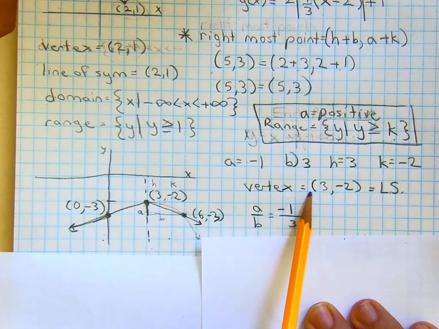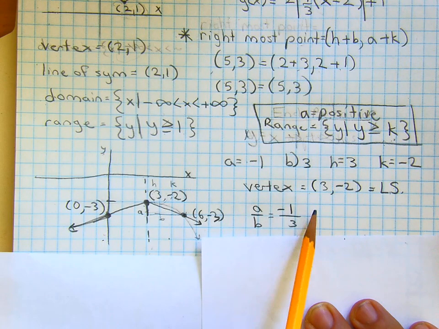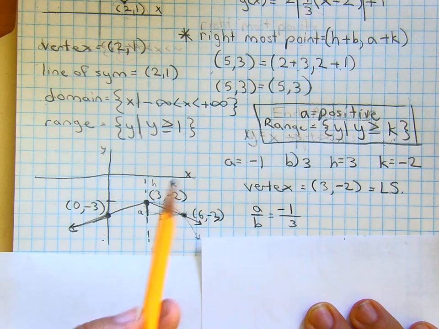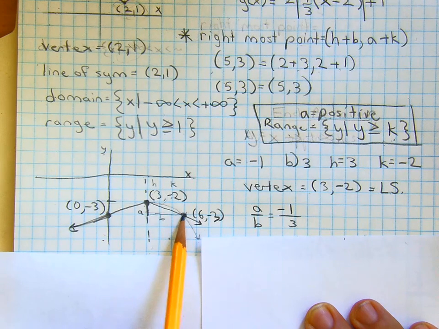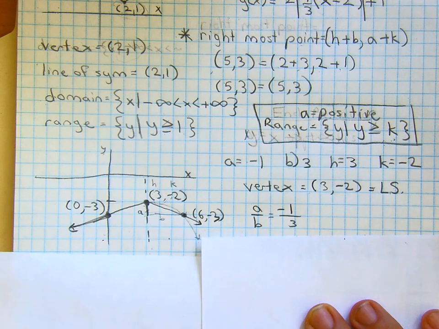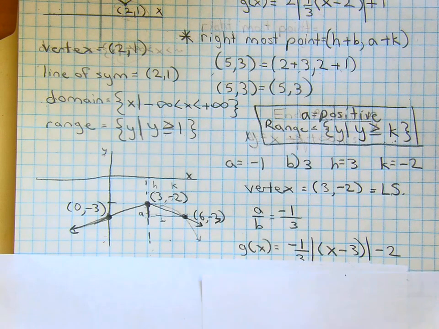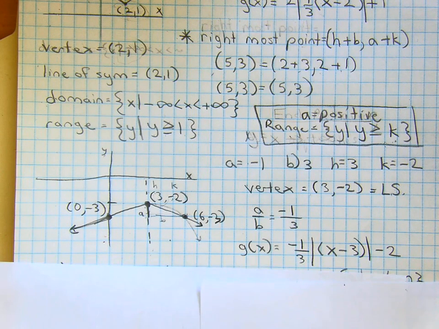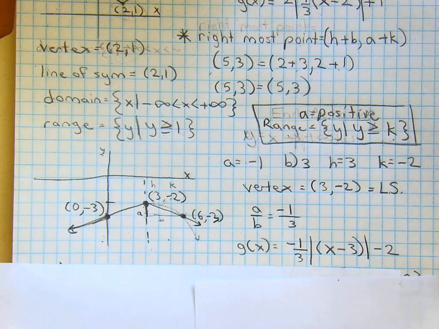That's what you get from your vertex. Here thus becomes your slope. To go from here to your rightmost point, you're going to go down 1 and over 3. So that's your a over your b, which allows me then to create my equation.